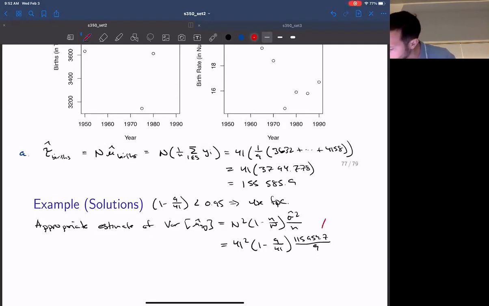And then this should have been given. Though if it was an assignment or something like this, we could compute this pretty easily just using Excel or R or something like that. And then that would be 116,904,347.